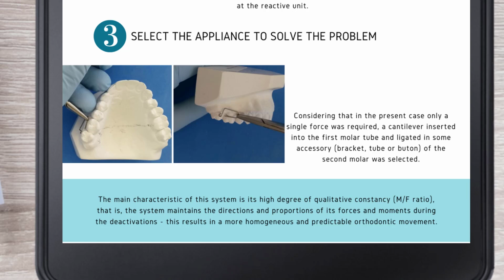The main characteristic of this system is its high degree of qualitative constancy. I mean a relatively constant moment-force ratio, which means that the system maintains the directions and proportions of its forces and moments during the deactivations. This results in a more homogeneous and predictable orthodontic movement.